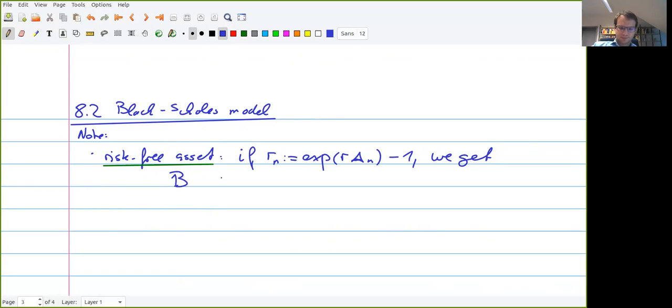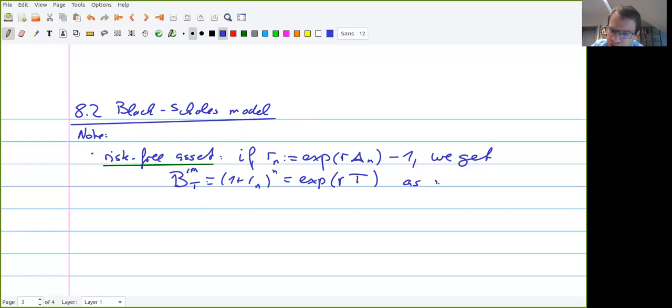The value at the terminal time t is given by 1 plus Rn to the power n. Well, we just plug in the definition here, and luckily we took it in a smart way so that we exactly get the exponential function of RT, right?